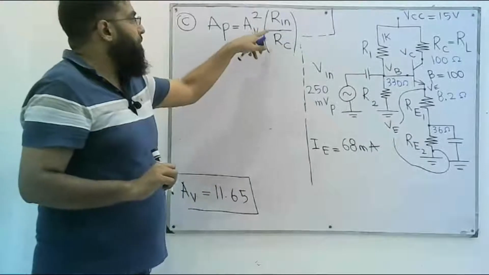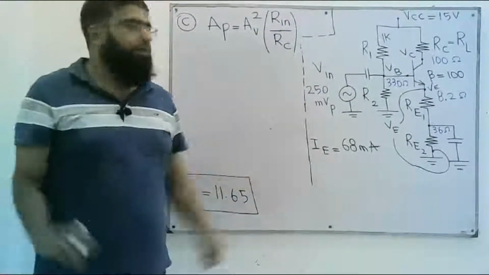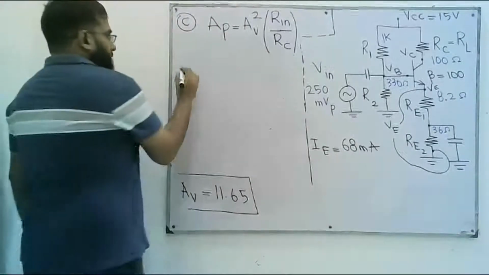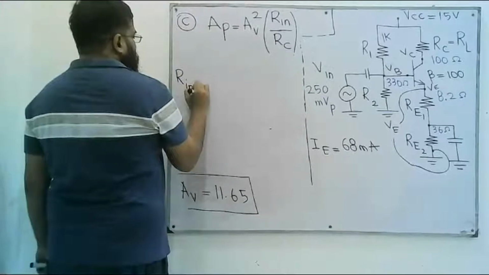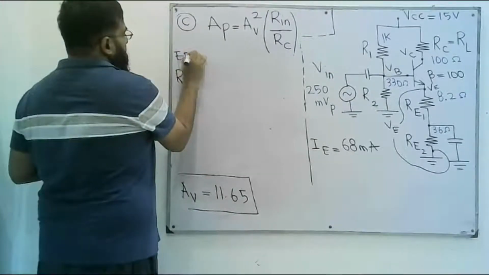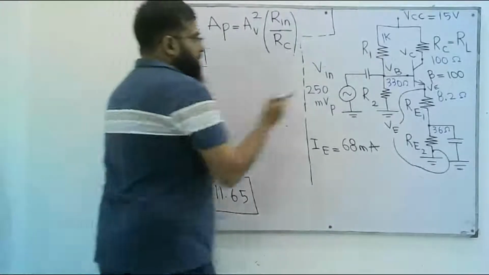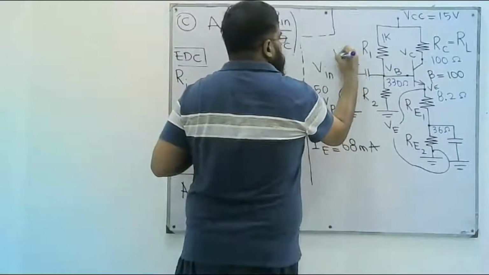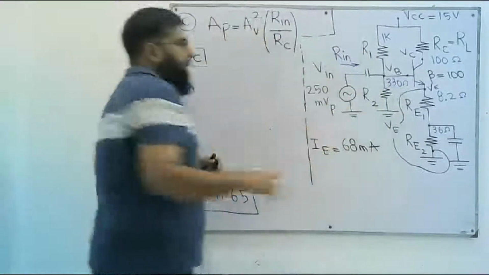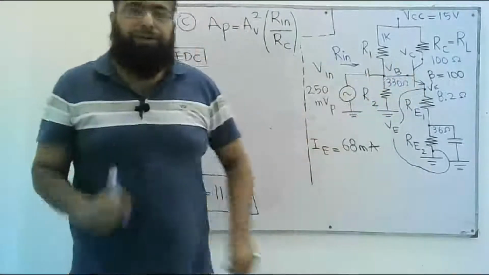So we have to compute Rin first. And once we compute Rin, we are done. Put that here and we compute AP. So what is Rin? That is a recap from EDC. What is the Rin seen by the source looking into the base terminal of this amplifier?